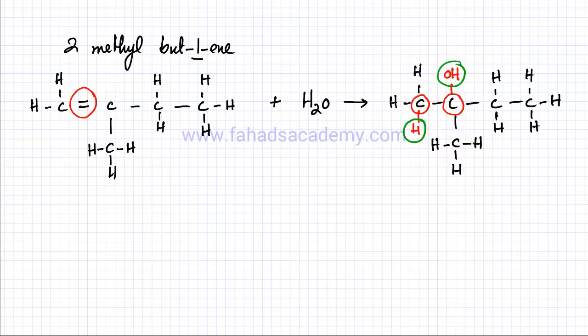So both cases are true, but there's a general rule that applies to A levels. In O levels, you can get away with this. You can attach OH or H on either one of the carbon atoms. They're not going to penalize marks for that.